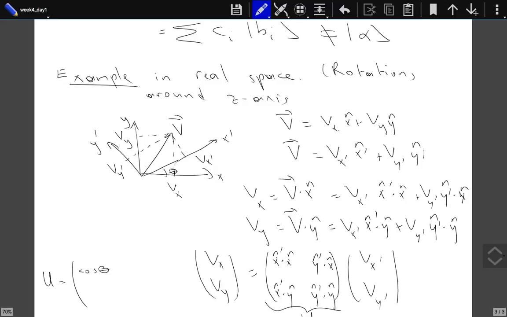Now for this matrix element, y hat prime is this vector over here, x hat is this vector over here, this angle is also theta, so the scalar product of y hat prime and x hat gives me cosine of pi over 2 plus theta. Well, that is minus sine theta.